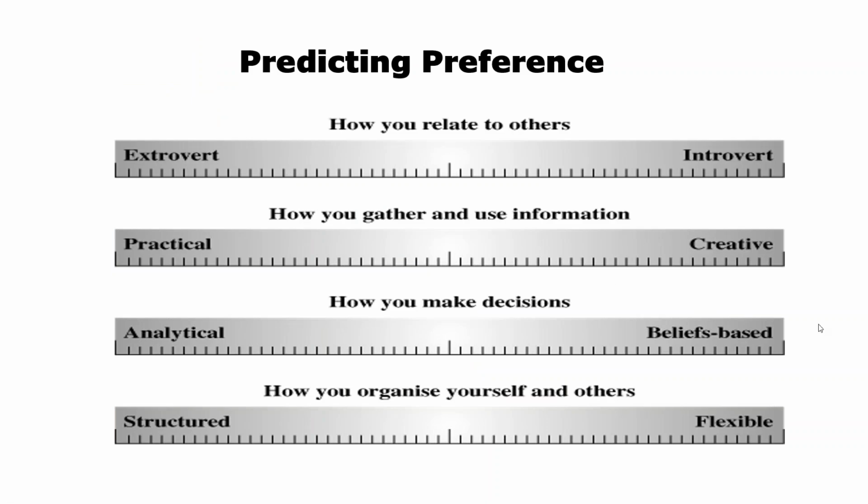Okay, so the question often arises is, how do we actually work out people's preferences? And the way we do that is by what I mentioned before, which is a Rhino Scale, standing for relationship, information, decisions, and organisation. So on this scale here, we can plot people in terms of their natural tendency.